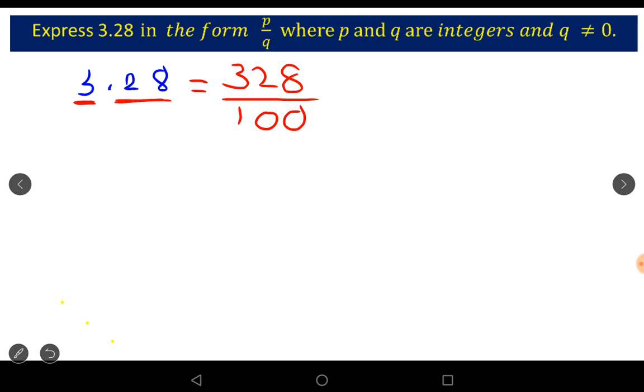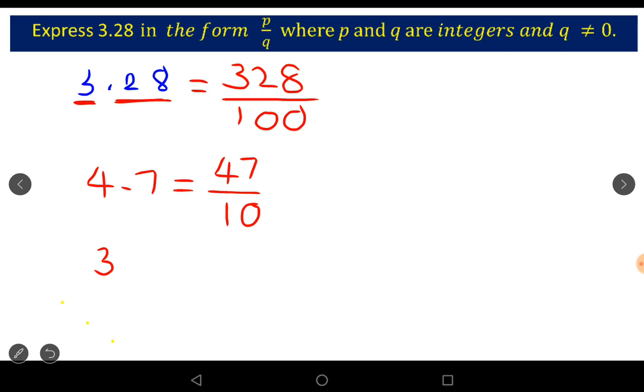Okay. Next, another question, observe here, 4.7. In the decimal part only 1 digit. First step, remove the point, write the numerator, 47 by 1 following 1 zero only, because decimal part has only 1 digit.